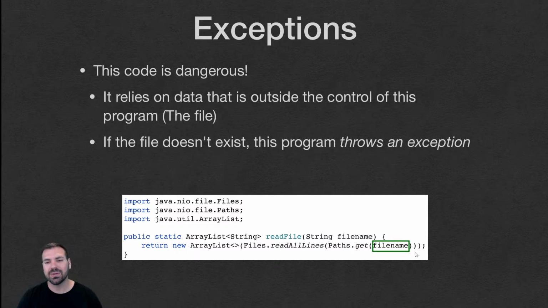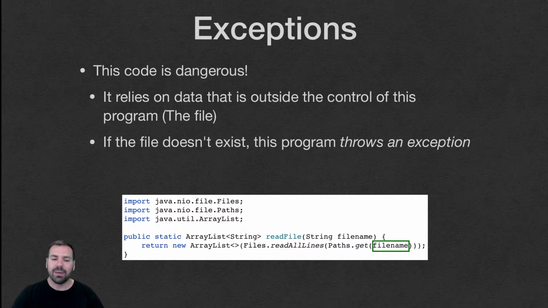The best we can do is just handle the case for when it doesn't exist. If we call this method when the file doesn't exist, then handle that error as it comes. So it's going to throw what's called an exception, and we're going to handle that exception if the file doesn't exist. And we can't check that.